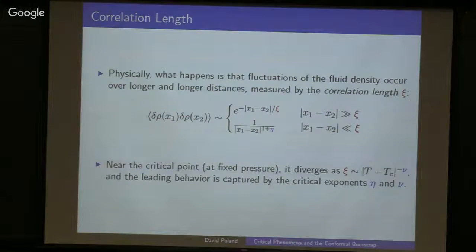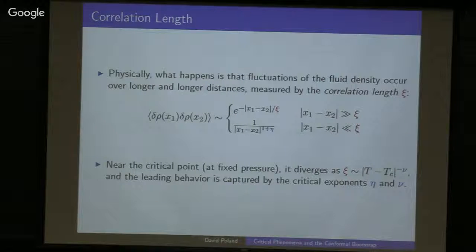Physically, what's happening is that this is a fluid at finite temperature. There are some thermal fluctuations of the fluid density. But these fluctuations occur over longer and longer distance scales as you approach the critical point. In fact, you can try to quantify this behavior by looking at the 2-point correlation function of density fluctuations, delta rho.